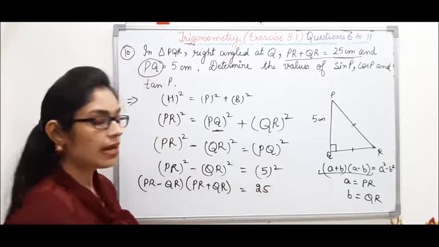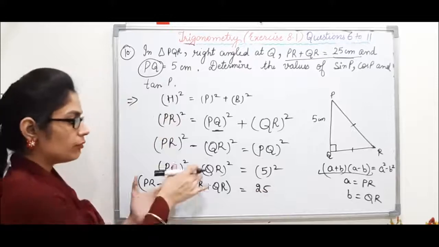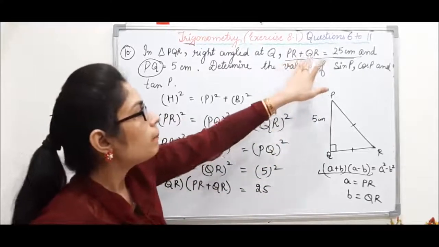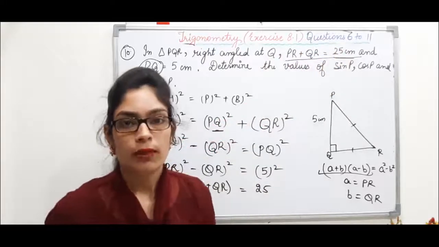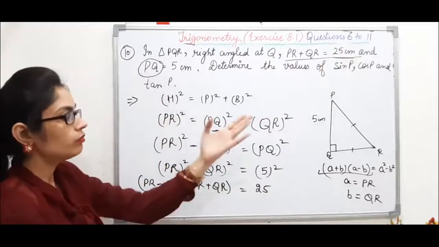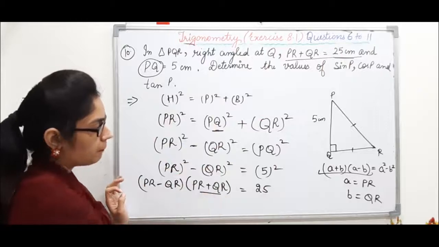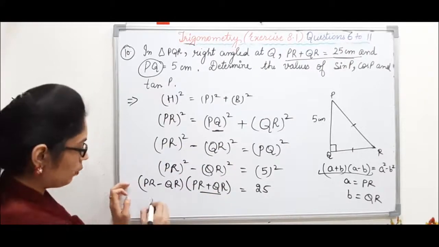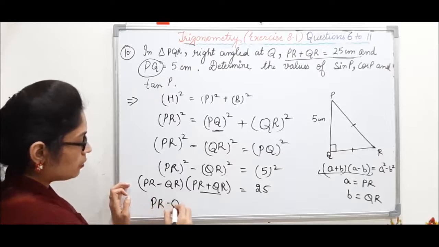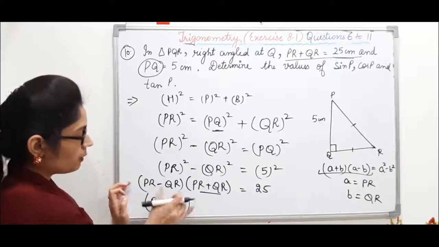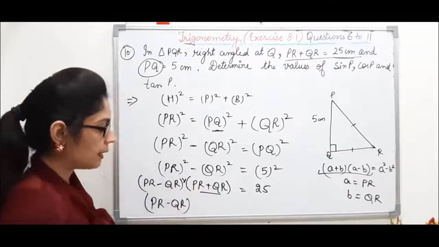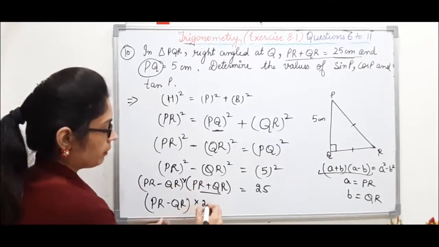The reason we have used this identity is because the value of PR plus QR is given to us, so we have to make use of that. Here we got PR plus QR, so we can substitute the value. Whenever two brackets are written together, it means they are multiplied. So PR minus QR into 25.